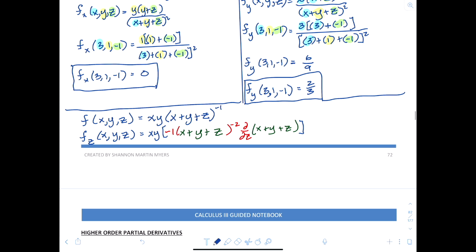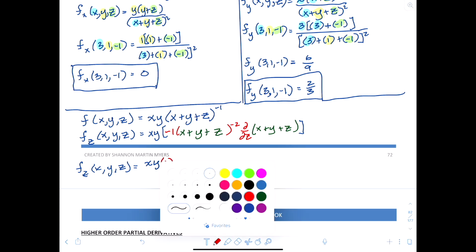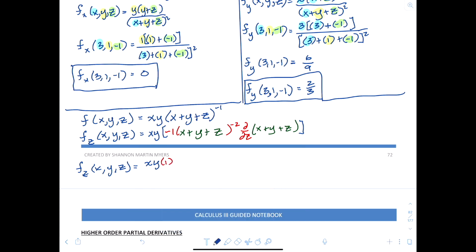So fz of x, y, and z will be x times y times 1 over x plus y plus z, the quantity squared.